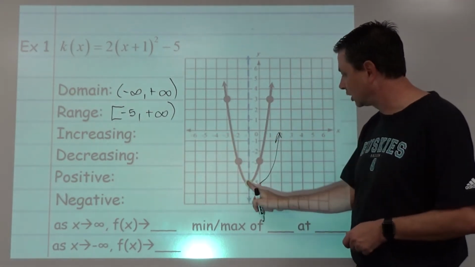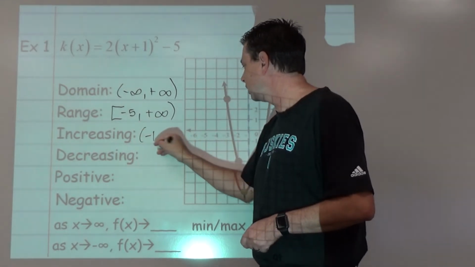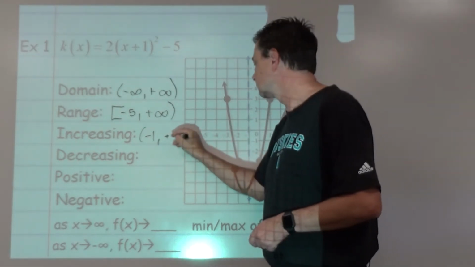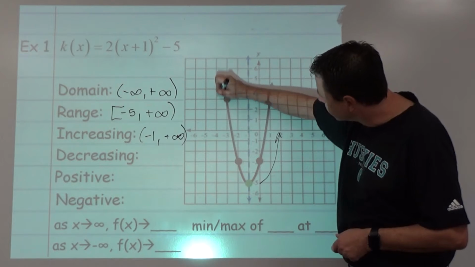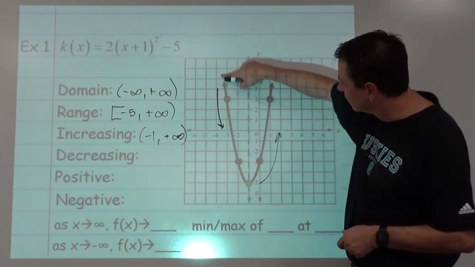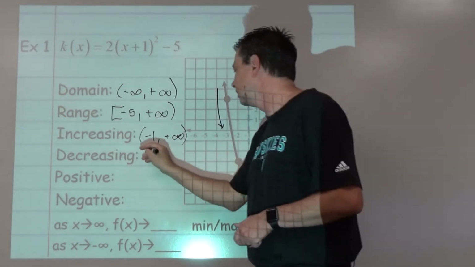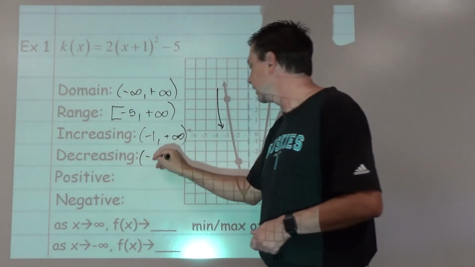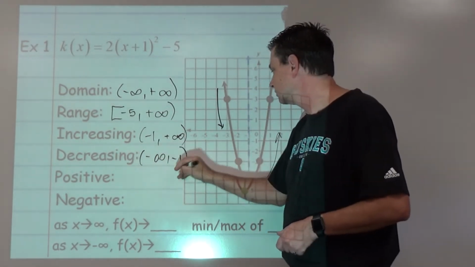Up, starting here at an x-coordinate of negative 1. Going to the right forever. Where is it going? Down. Remember, as we trace from left to right, we're going down in this section, starting at, going left forever there, negative infinity, all the way till negative 1.